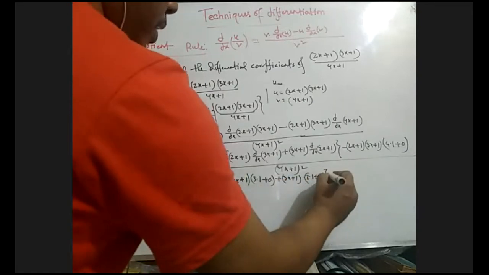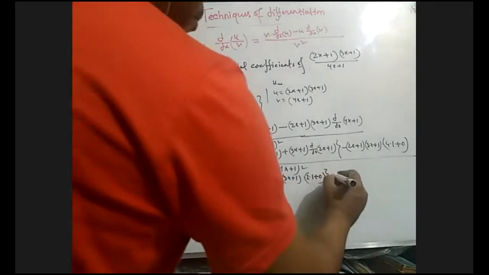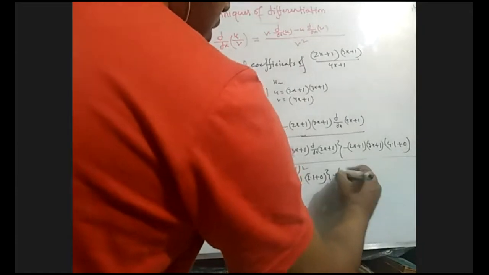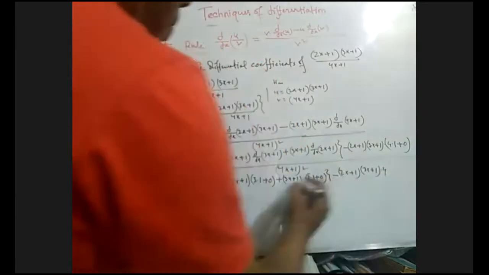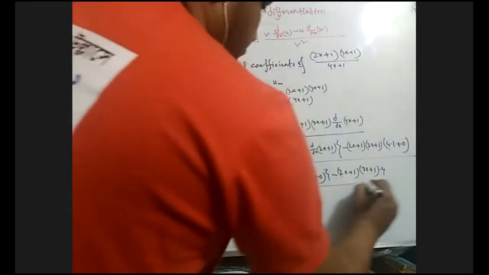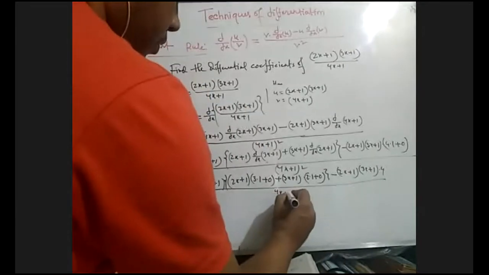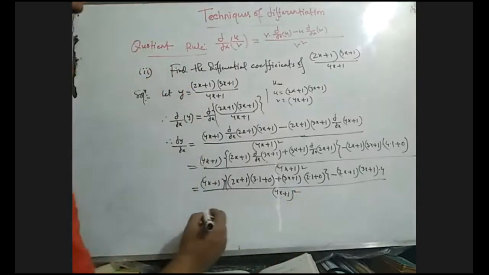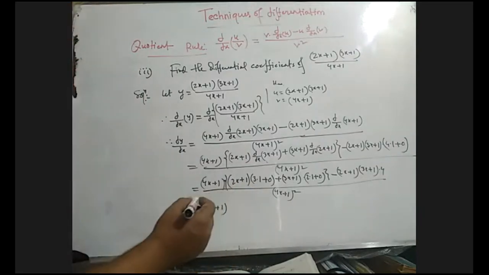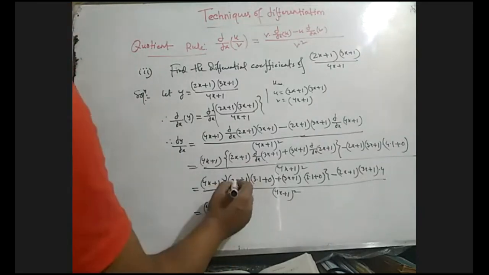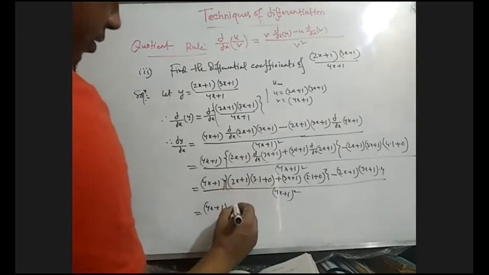This will be multiplied with this whole, minus twice x plus 1, thrice x plus 1 into 4, this divided by (4x plus 1) whole square. This equals to 4x plus 1, 3 into twice x, 3 into twice x what? 6x.